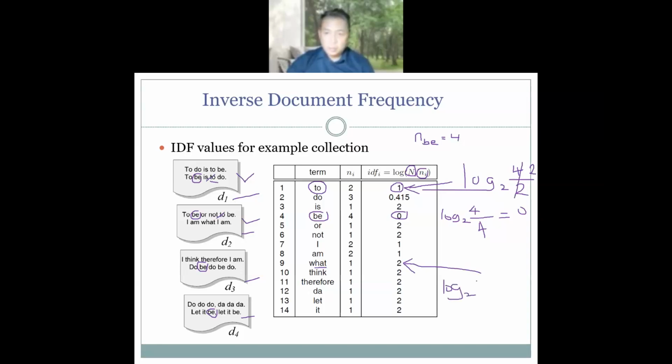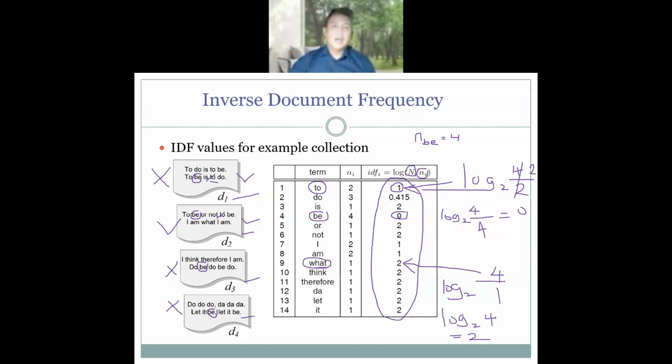Log 2, we have 4 documents. And how many documents contain this word? This one doesn't have, this one yes, this one doesn't have, this one doesn't have. So 1. If you simplify this, log 2 of 4 is equivalent to 2. So that's how you get all this IDF.